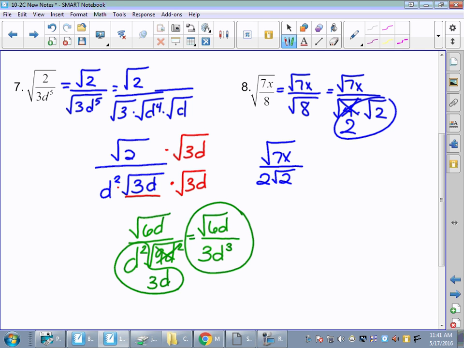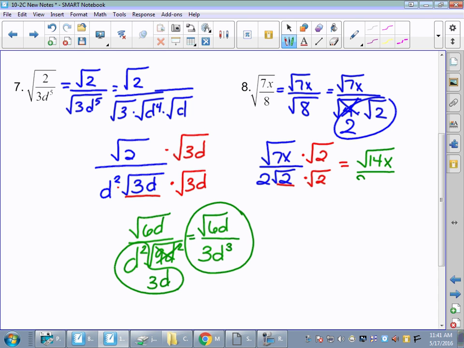Sometimes it just helps to rewrite the problem and clean it up. I don't have a problem with the 2 on the outside. The only thing I have a problem with is the square root of 2. You cannot leave the square root of 2 in the denominator. So I'm going to multiply by the square root of 2 to make it perfect. Whatever you do to the denominator, you also do to the numerator. And so my answer here, 7x times 2 is the square root of 14x.